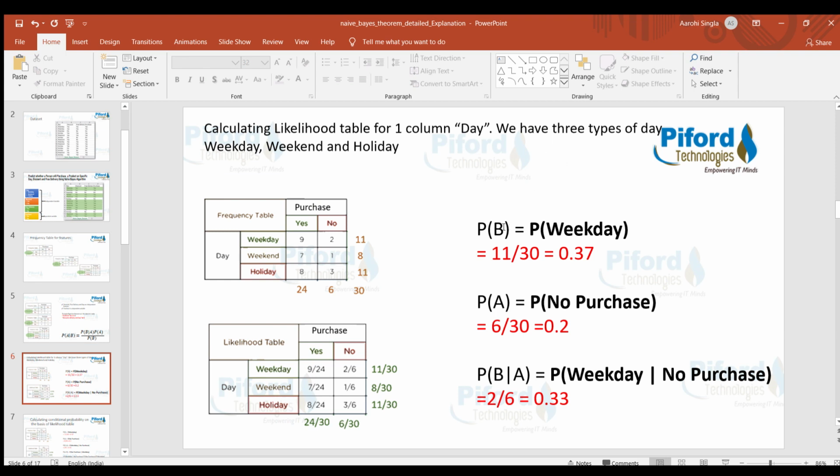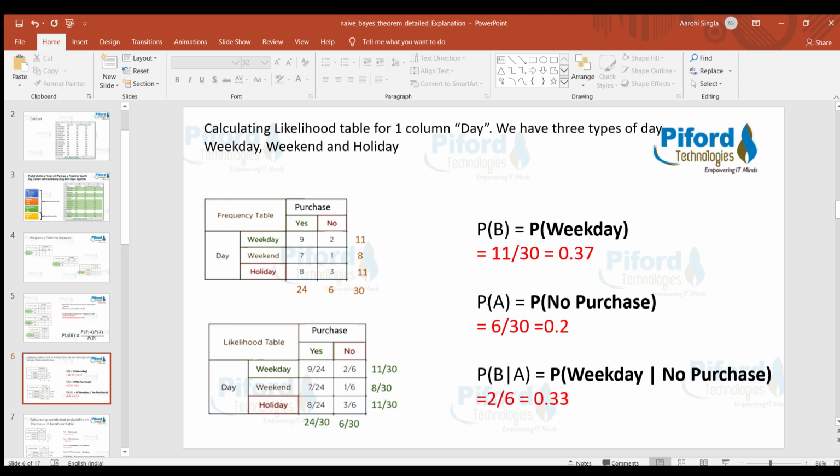So probability of B is equivalent to probability of weekday. How many records were there for weekdays? 11, and how many total records were there? 30. So 11 divided by 30 gives you the probability of B, the probability of weekday.